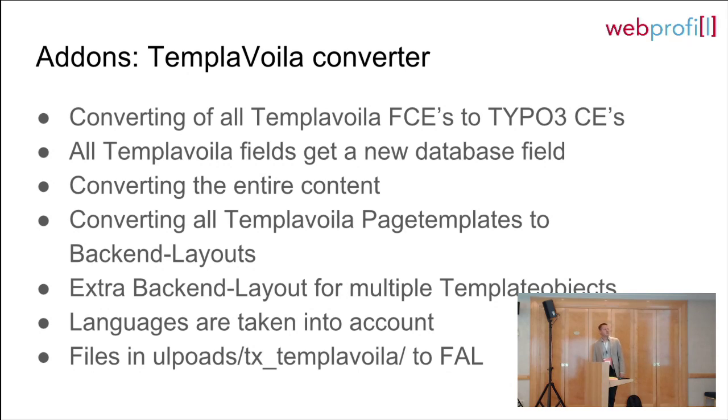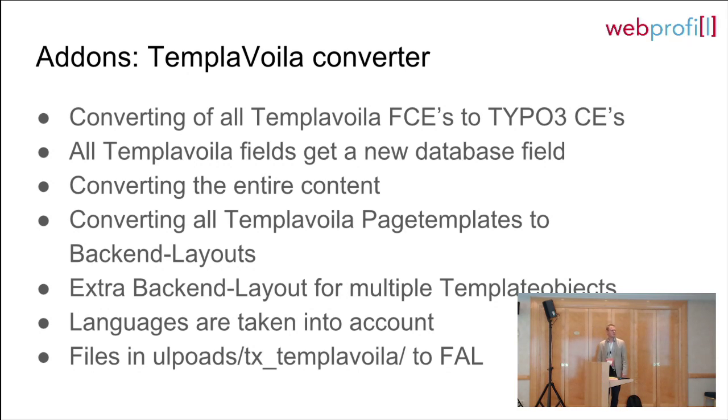Then we convert all TemplaVoila page templates to backend layouts, of course with the fields, if extended. We made an extra backend layout if you have multiple template objects in TemplaVoila. Of course, languages are taken into account. There are a lot of possible settings in TemplaVoila, and we respect them all.